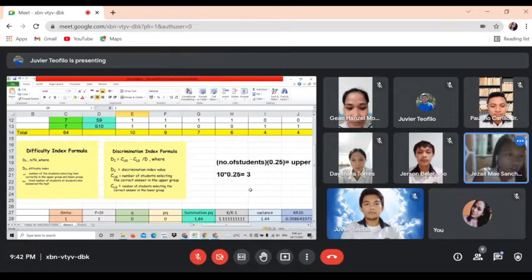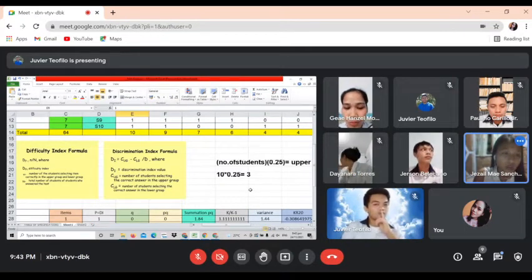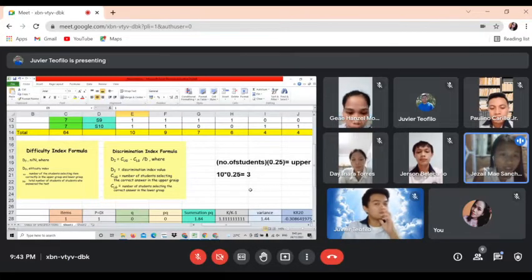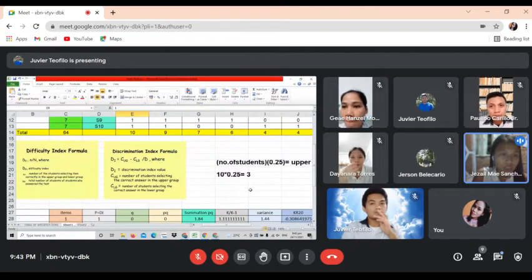The formula that we are going to use for the difficulty index is D sub F equal to small n over capital N, where D sub F is the difficulty index, small n is the number of students selecting the item correctly in the upper group and lower group, and capital N is the total number of students who answered the test.